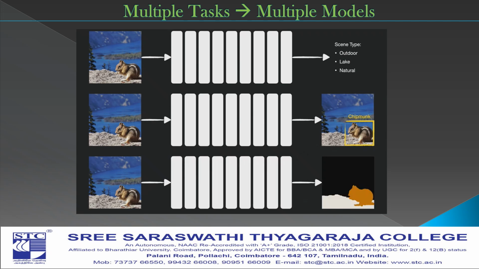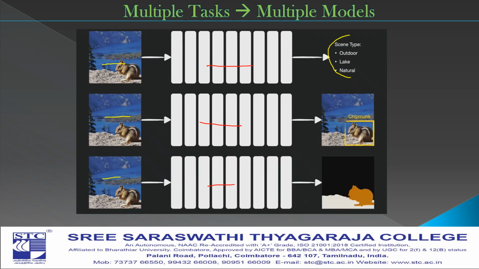As you can see, this is model 1, this is model 2 and this is model 3. And as you can see, the same image, the same scene, is fed to all the models. But the output is different.